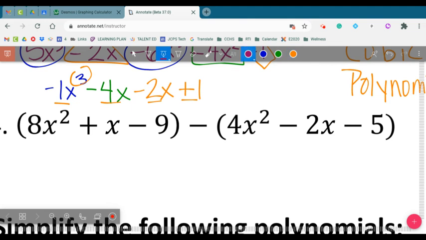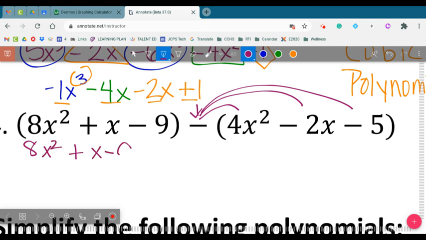Okay, next one. I see a negative again, so I have to distribute. I'm going to rewrite. So I get 8x squared plus x plus negative 9, so that stays the same. Positive 4x squared becomes negative 4x squared. This negative 2 becomes positive 2x, and this negative 5 becomes a positive 5. Combine your terms.